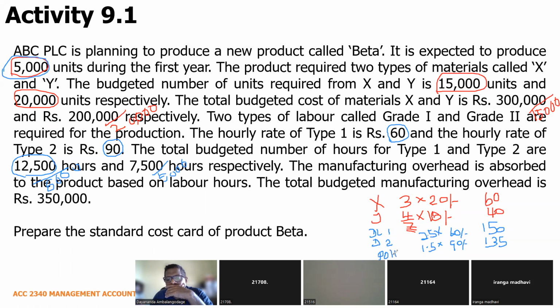How many hours? You see, for labor hour, you have to spend, I think it's 4 labor hours. No? 4 labor hours is required to prepare the total. So we have to find out the rate.